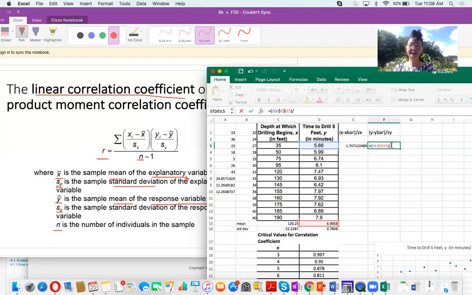And divided by standard deviation for y. Again, use absolute cell reference, $D. When you use a PC, you can press just the F4 button. Here I have to add manually. $D$16.